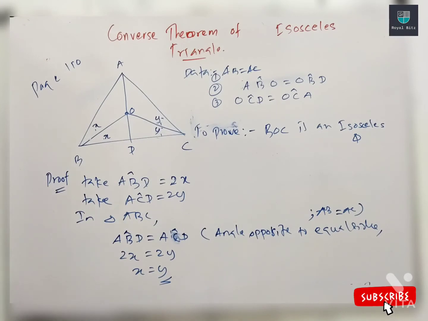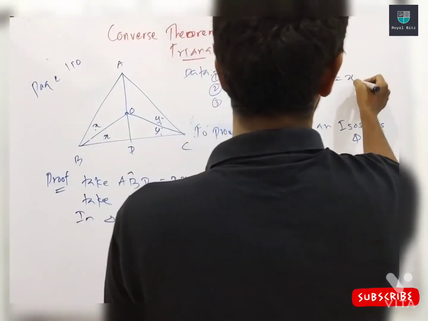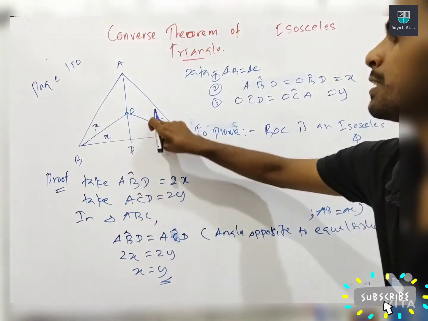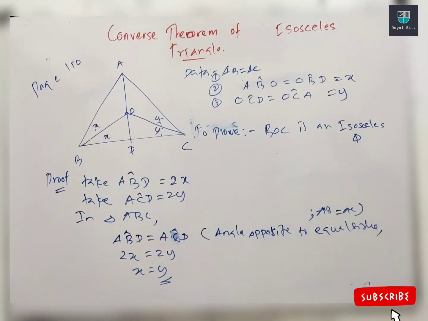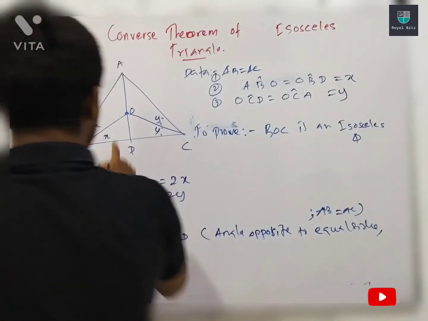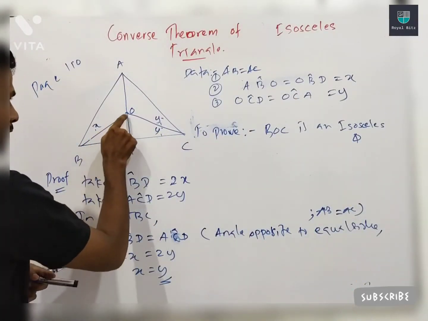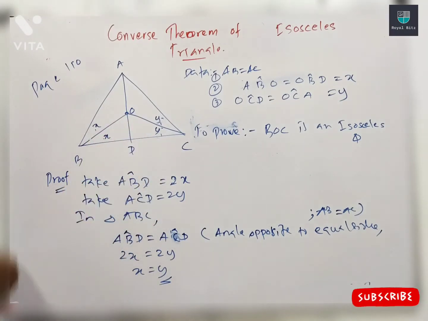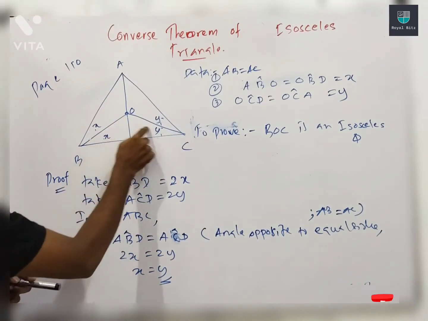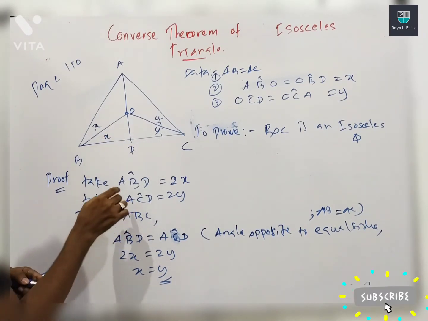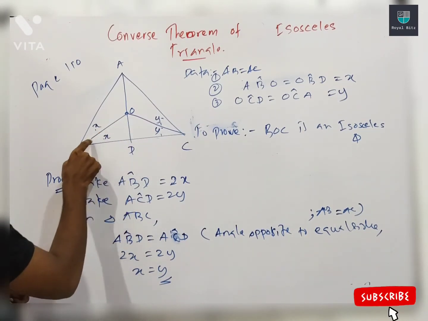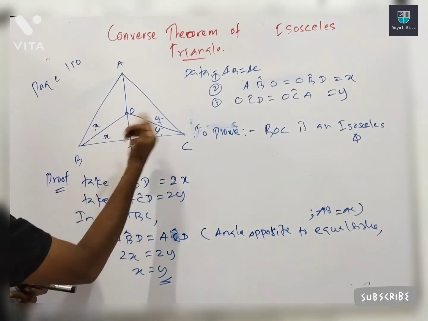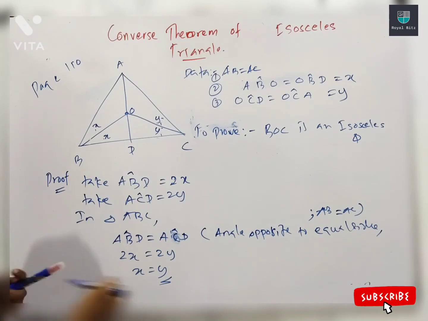Okay. So actually, this is equal to what? This is equal to x. This is equal to y. Yes or no? This is our x. This is our y. So now in this triangle OBC, the angle OBD is equal to x, okay, I will write down.